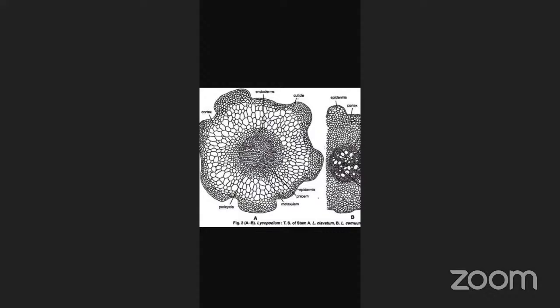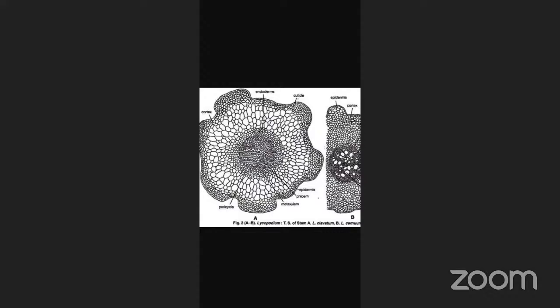The epidermis is one cell thick. The outer wall of the epidermis is cutinized, and stomata occur in the epidermis. The cortex is several layered and very broad, and its thickness depends on the species.